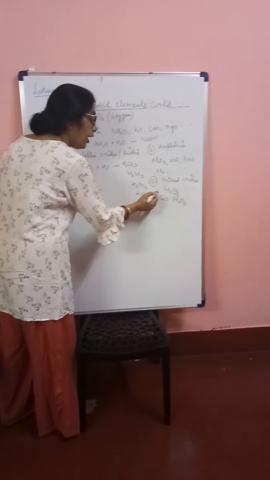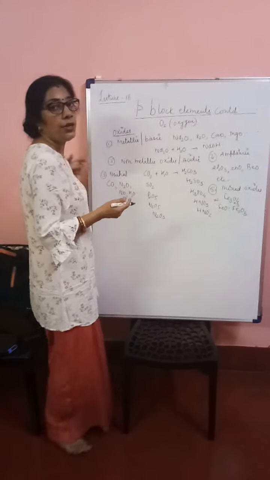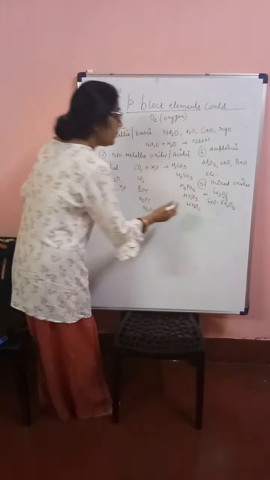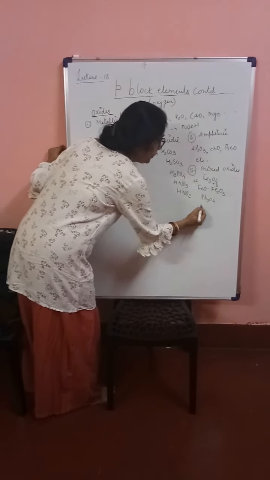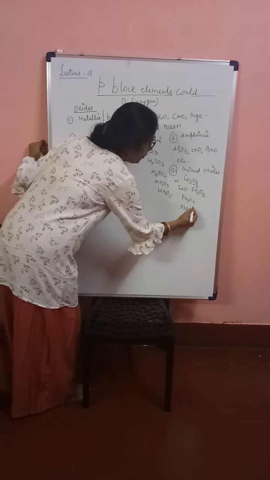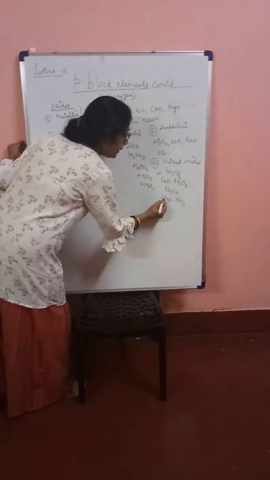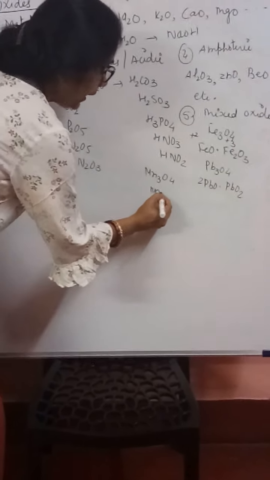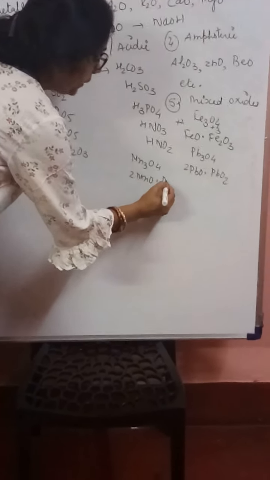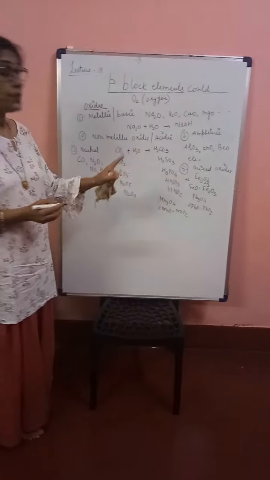Here it will become 1 into +2 plus 2 into +3 divided by 3, so it's going to be the same. Similarly, Pb3O4 is also a mixed oxide, because PbO.PbO2, so 3 Pb is there. Mn3O4 is also MnO.MnO2. So these are examples of mixed oxide.